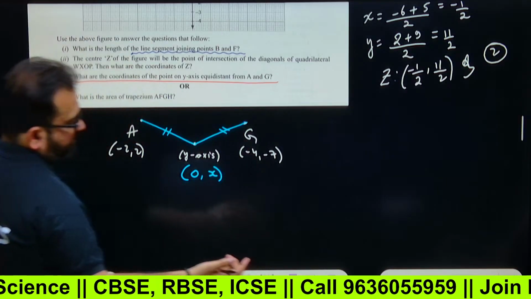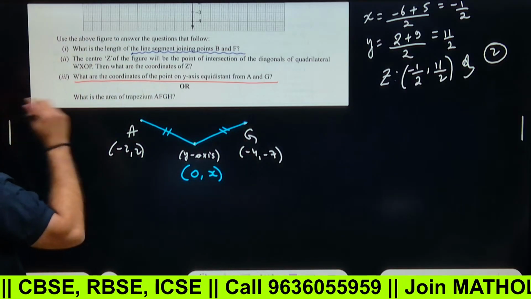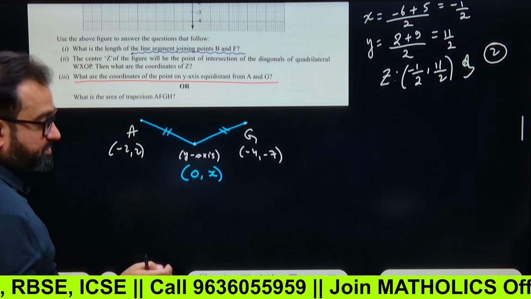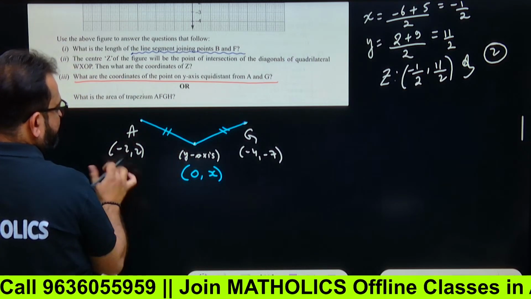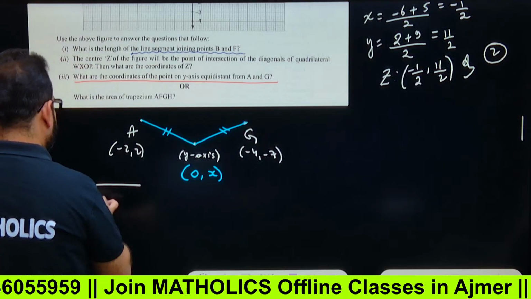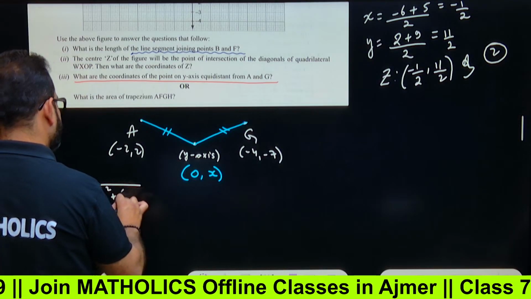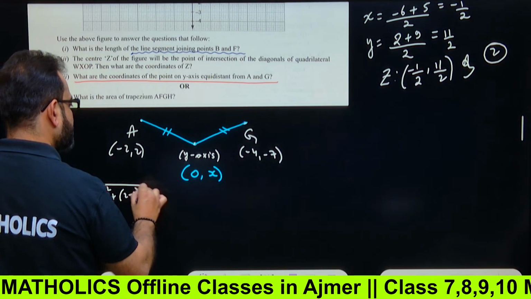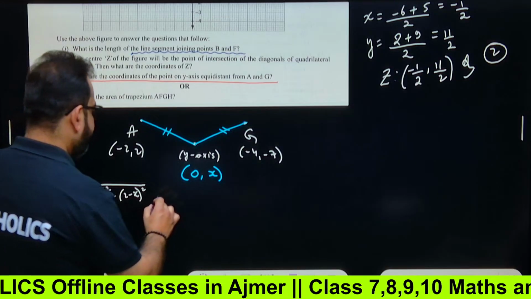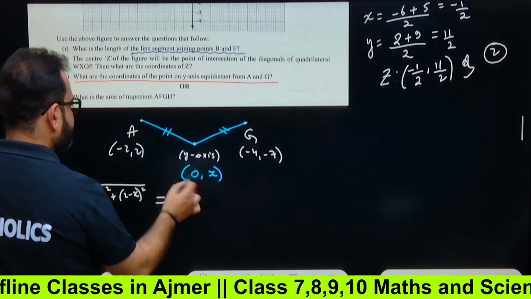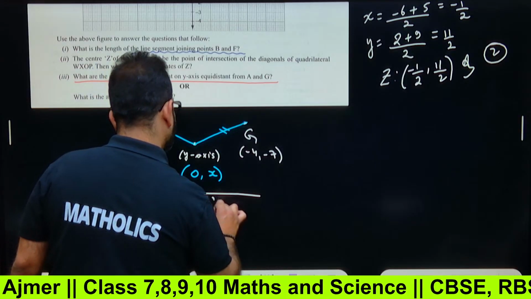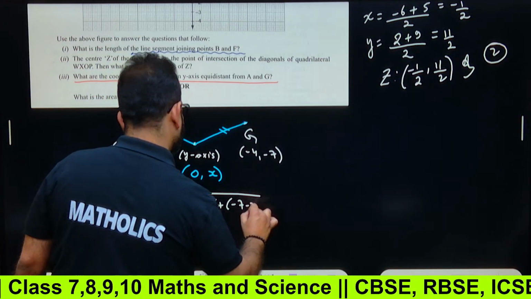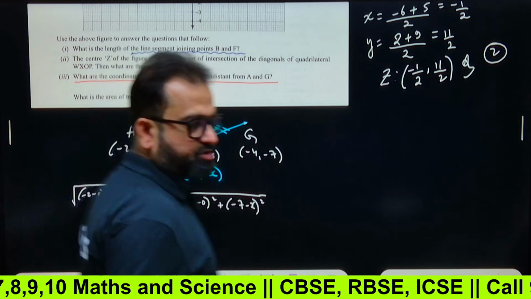You can treat it not as a midpoint, but you have to use the distance formula. According to the distance formula, this distance will be the square root of (-2 minus 0) whole square plus (2 minus x) whole square. And the other is the square root of (-4 minus 0) whole square plus (-7 minus x) whole square. So this is the condition, right?